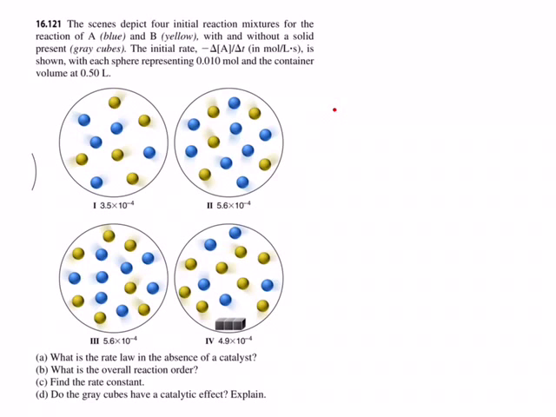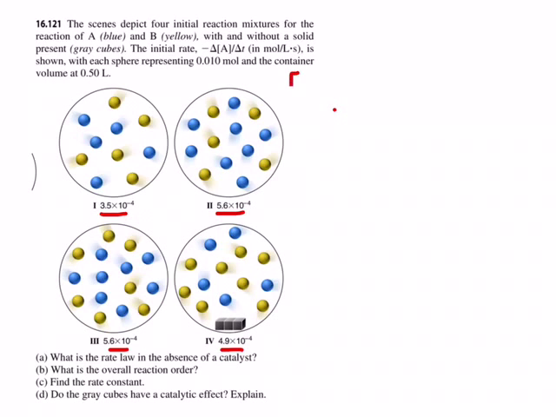Okay, so we've got these 4 rates shown. What's the rate law in the absence of a catalyst? Well, if we look at flask 1 to flask 2, in flask 1 the blues were the A particles.